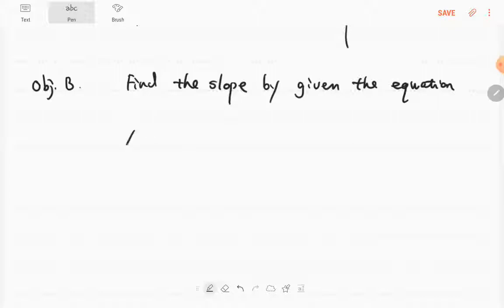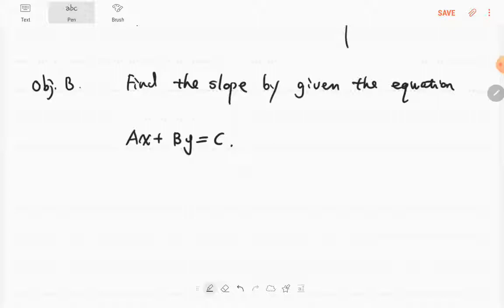We already learned the standard form of the equation, right? This is the standard form of the equation. But after we learn what the slope is, we will have another form of the straight line.